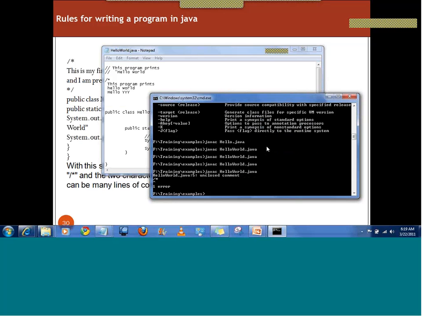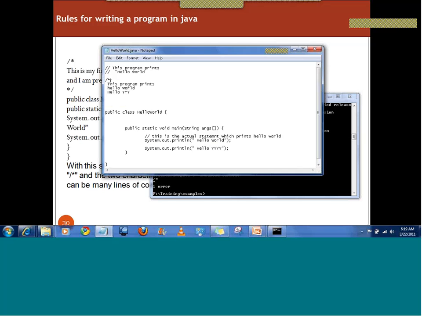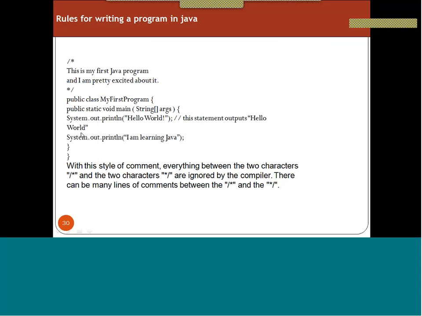For every opening comment, this is how we open the comment: slash and star. After that, you have to close it with star and slash. Hope you understand. It should be in between these two.